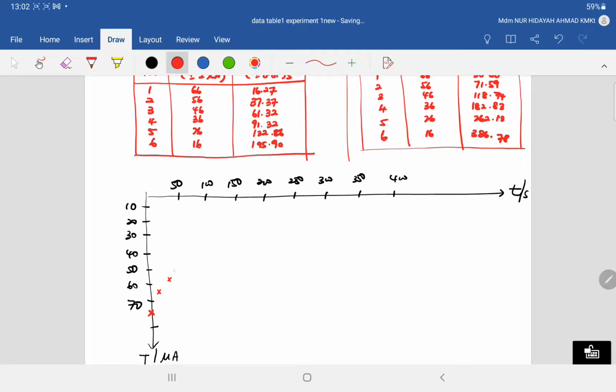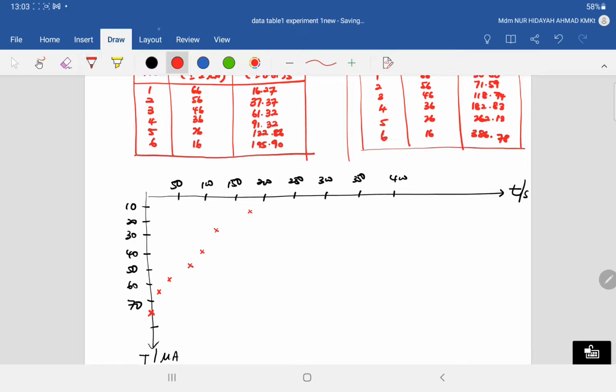Then I have 46 here, 36 here, 26, and 16 here.